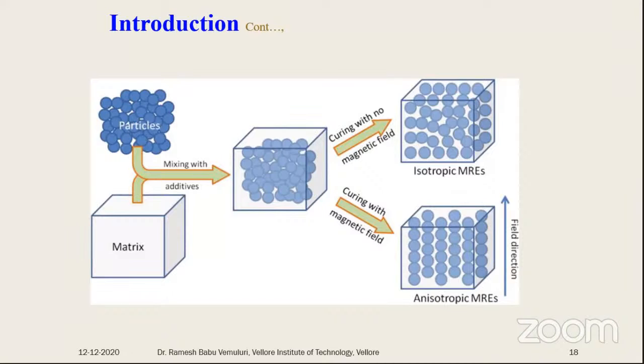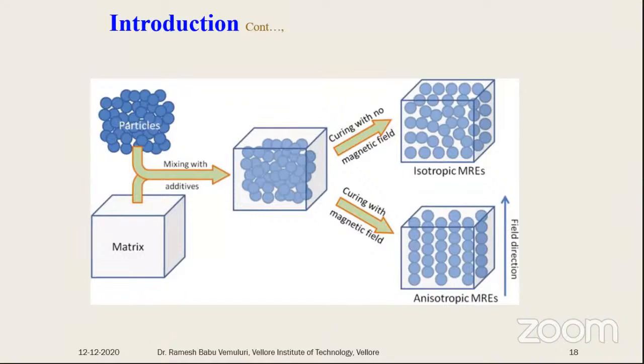So once you apply the magnetic field, then it will come to the alignment. Here, that alignment we can fix in the starting stage itself with anisotropic MREs. But the constraint to make these anisotropic MREs is that applying the magnetic field at the fabrication stage is one difficulty, in the context of how to arrange the magnetic field.